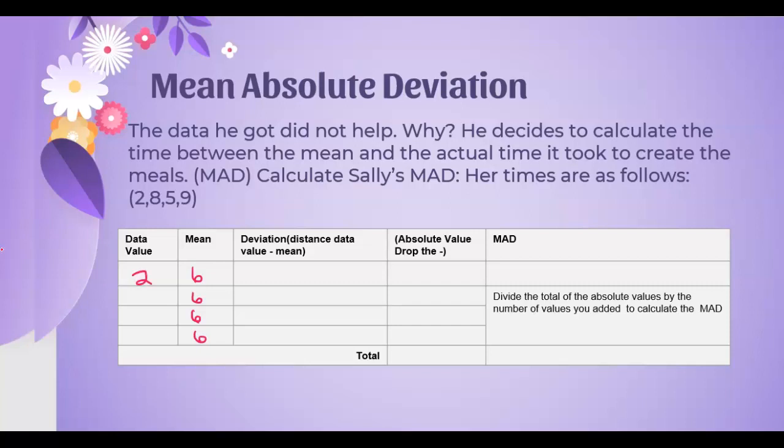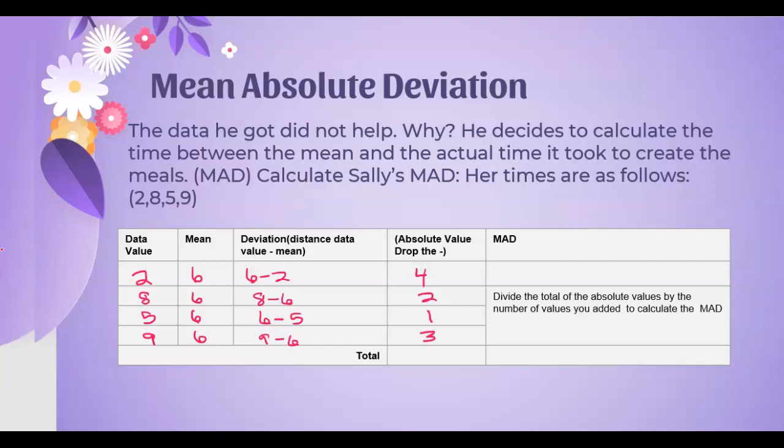This is how long it took her to make these meals: 2, 8, 5, and 9. Now we're going to subtract. 6 minus 2 is 4. 8 minus 6 is 2. 6 minus 5 is 1. And 9 minus 6 is 3.